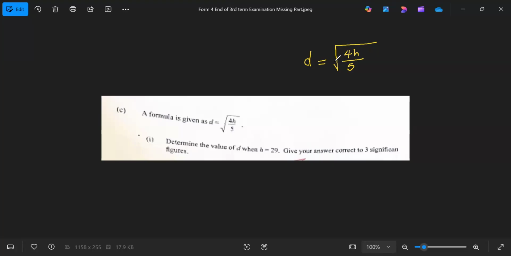I want you to just give me the answer and then give me the answer to 3 significant figures. So you're going to do 3 things for me. Substitute the H and tell me what you got. So D is equal to the square root of 4H over 5. But when H is 29, give me the value of that.